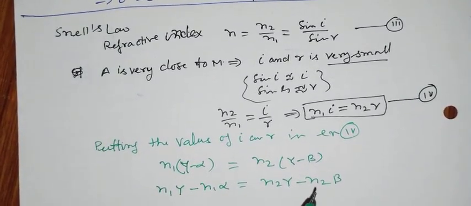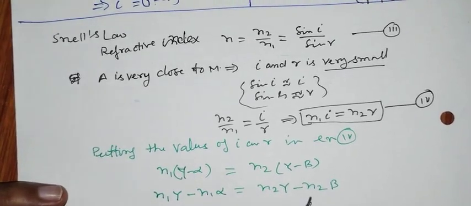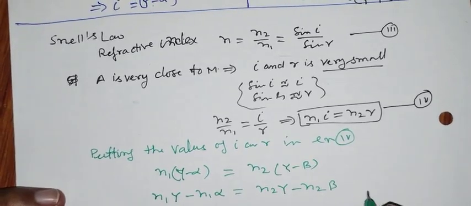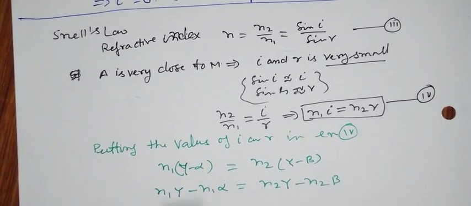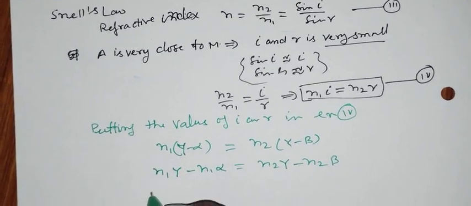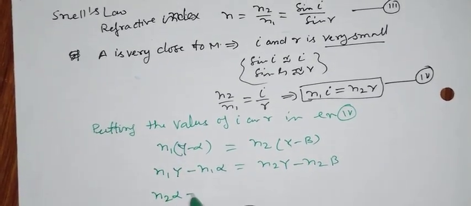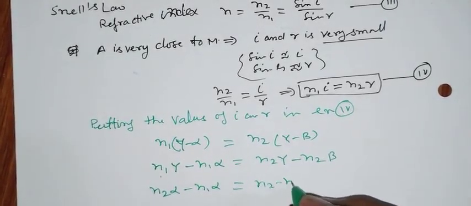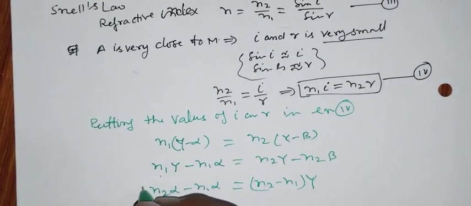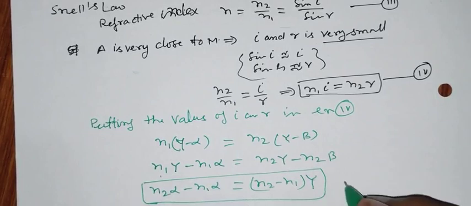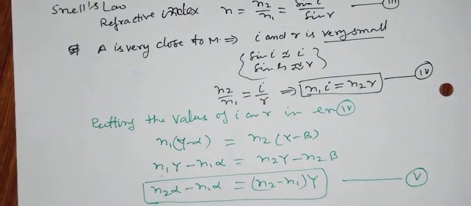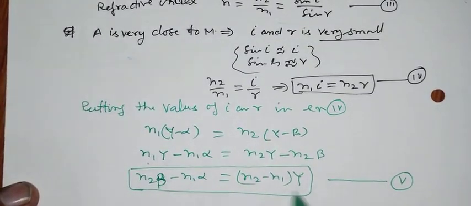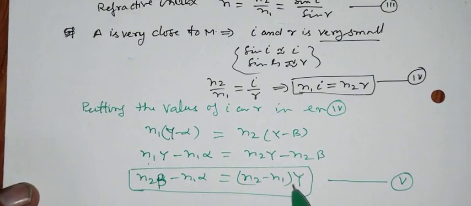We keep beta and alpha on one side and gamma on the other side. So n2 beta transferred to this side, minus becomes plus: n2 beta minus n1 alpha is equal to n2 minus n1, taking gamma as common. This is equation number 5: n2 beta minus n1 alpha is equal to (n2 minus n1) gamma.